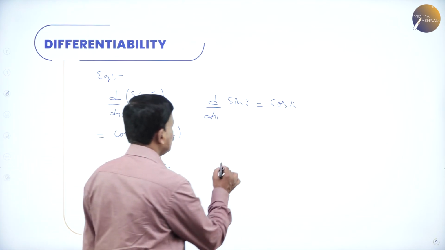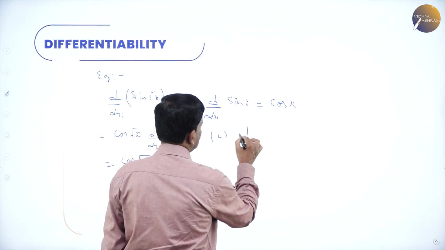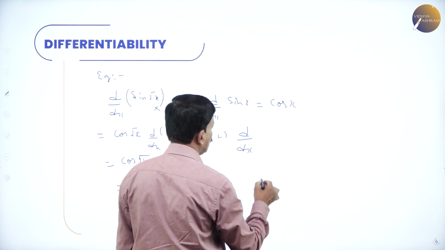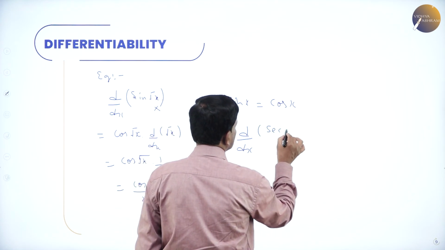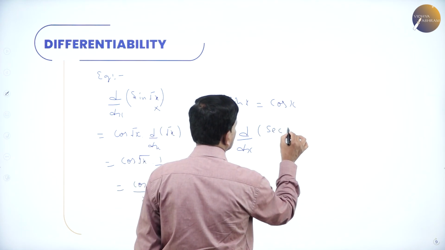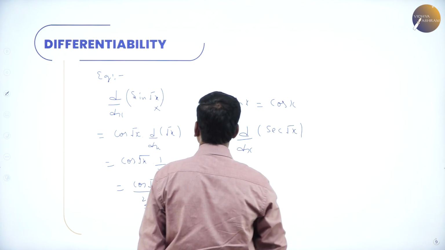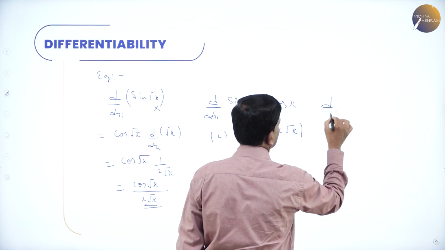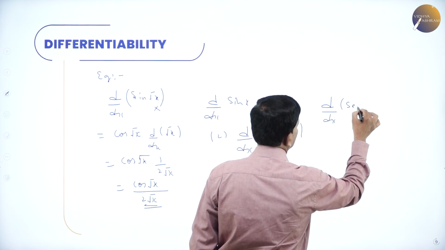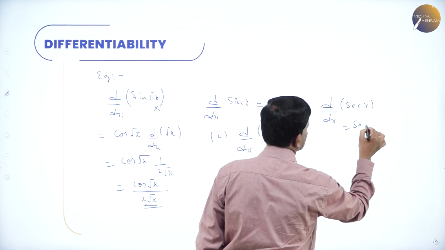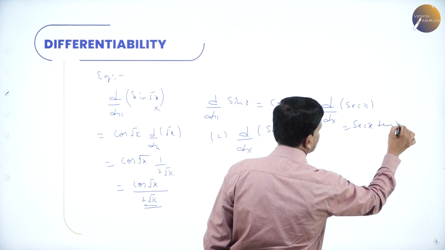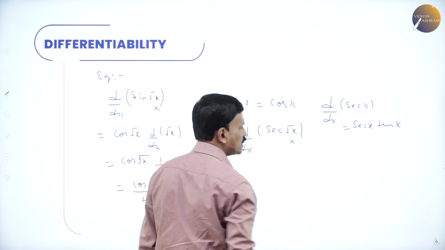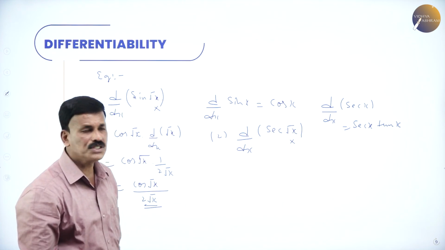Similarly, if you take one more problem, d by dx of secant root x, same formula. What is d by dx of secant x? We know the derivative of secant x is secant x into tan x. So consider this as x; instead of x it is root x.